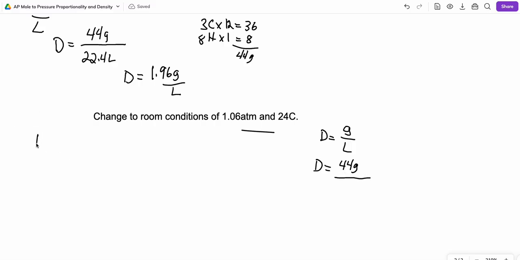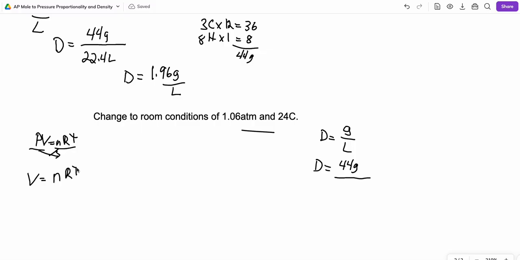So I come over here and I'm going to do PV equals nRT. I'm going to solve for V by moving P over here, my bad. So V, the volume, is what's going to change.